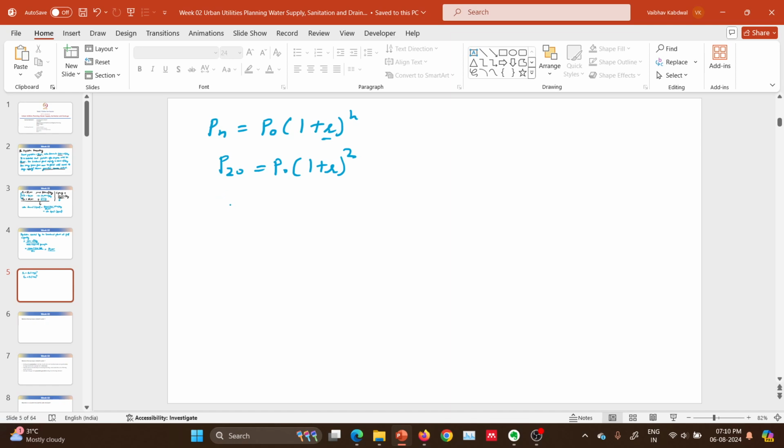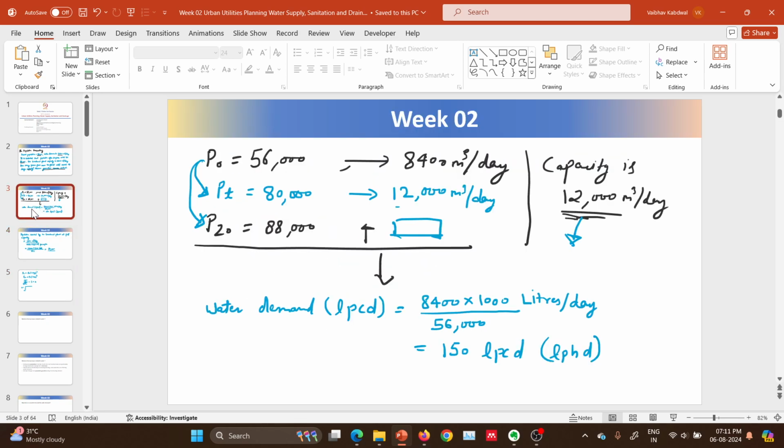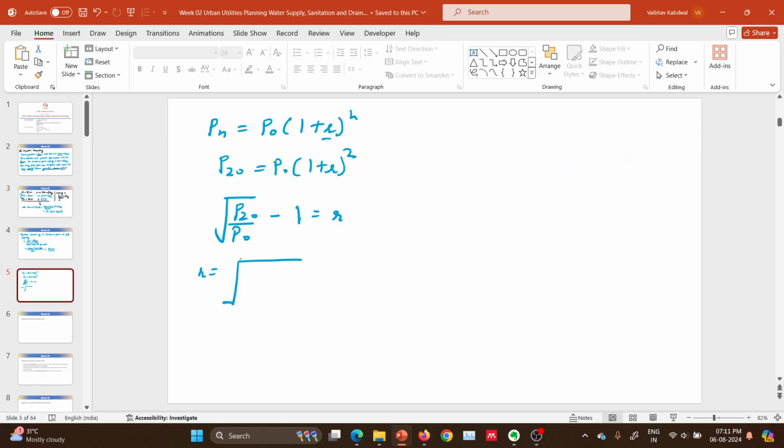So we will calculate it as the square root of P20 divided by P0, minus 1, equals R. P20 is 88,000 by 56,000, minus 1.